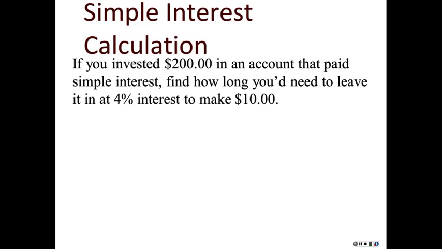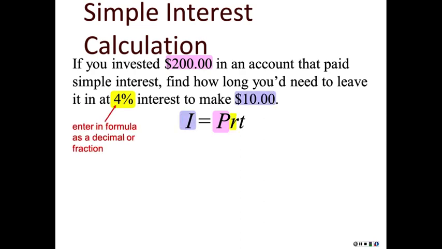So in my formula, I have interest is equal to the principal times the rate times the time. Well, in order to figure out time, I'm going to have to take that interest and divide it by whatever the principal times the rate is. So, principal is 200, rate is 4 over 100, and I know my interest is $10. I'm looking for the time. The time is what's missing.